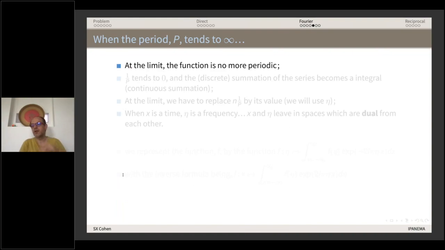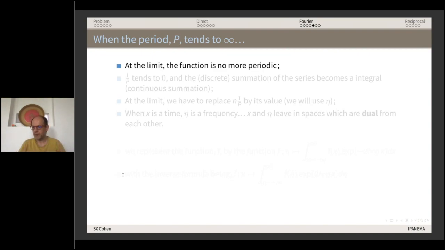One way of seeing a non-periodic object is to say it is a periodic object whose period tends to infinity. Basically, I have an object, even a small object, and it's going to repeat itself, but I'm taking the repetition further and further away, so that the repetition has less and less effect on the object itself.